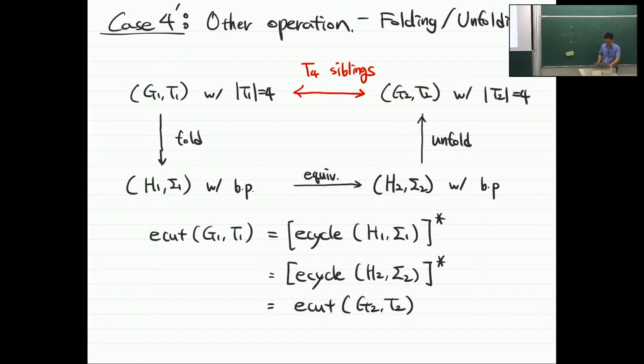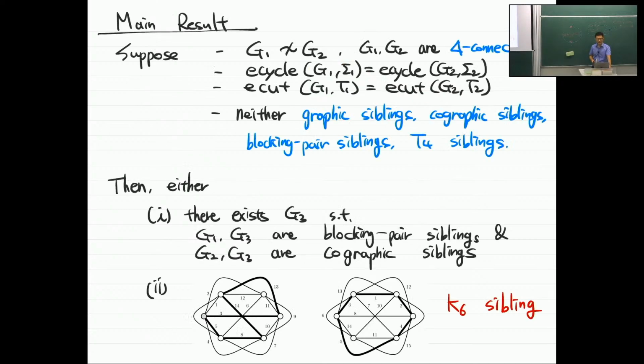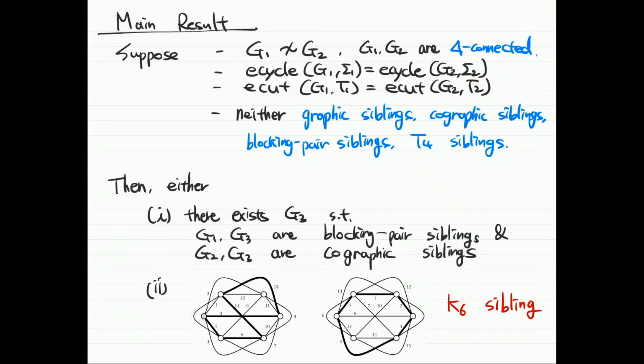So there are 5 operations, and this is the main result. Suppose that G1 sigma 1 and G2 sigma 2 represent the same even cycle matroid, and G1 T1 and G2 T2 represent the same Evencut matroid.